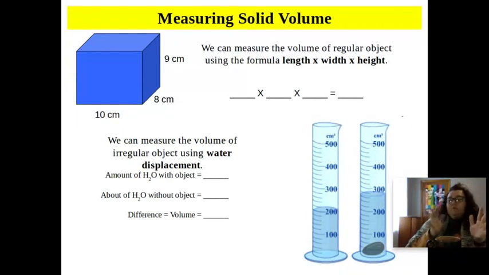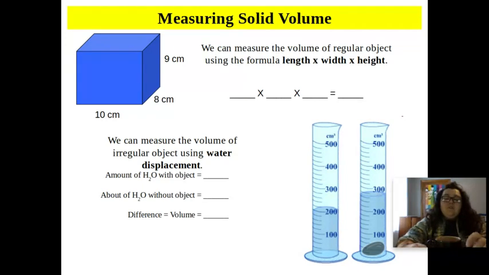So then you would get 72. So 72 times 10 is going to be 720. So the number would be 720, and the unit, since we're doing centimeters times centimeters times centimeters, would be centimeters cubed. So 720 centimeters cubed. You can check me on my math. I think I'm right. If not, I apologize.